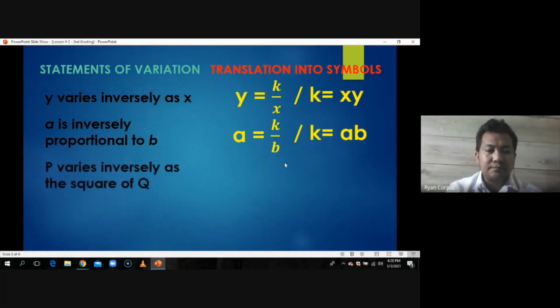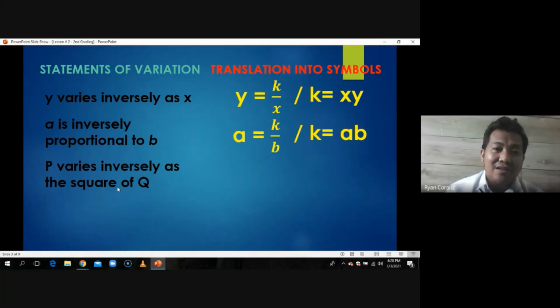Next, P varies inversely as the square of Q. Ito yung sinasabi natin na sa ibang kind of variation, makikita natin yung word na square. Pero hindi siya direct square variation. Wala naman tayong tinatawag na inverse square variation.